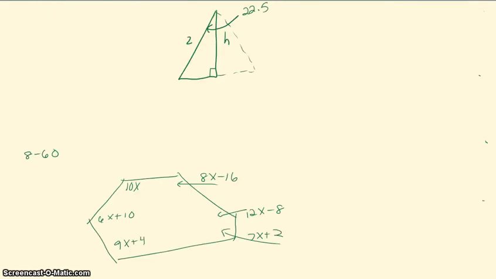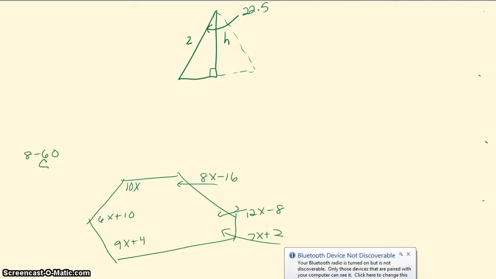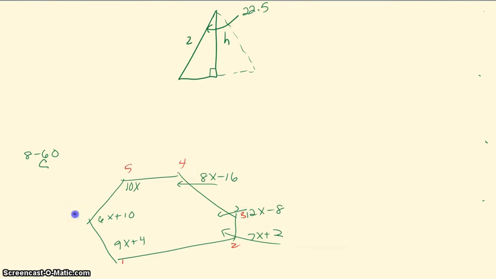I'd like to go through one of the polygon problems in 8-60. So let's look at C. Here's the illustration you've got for C. You've got angles marked at 10x, 8x minus 16, 12x minus 8, 7x plus 2, 9x plus 4, and 6x plus 10. That's 1, 2, 3, 4, 5, 6.